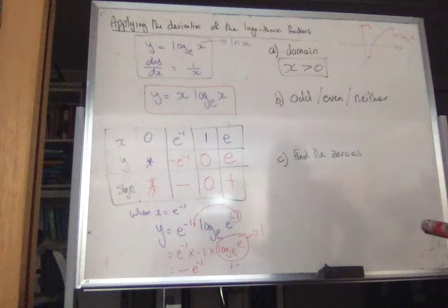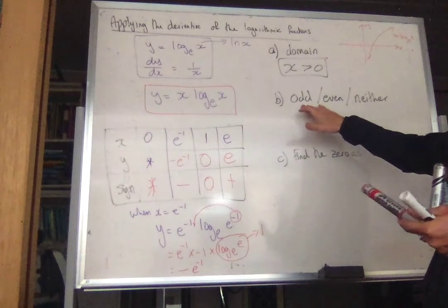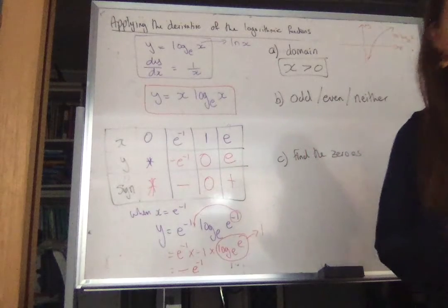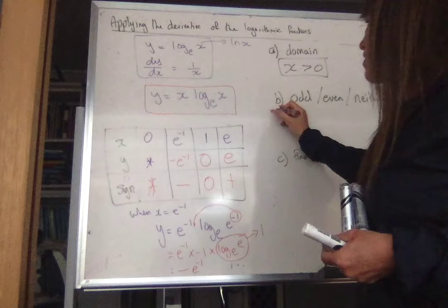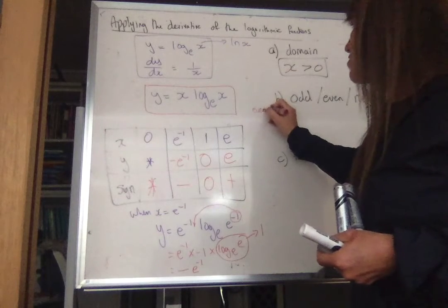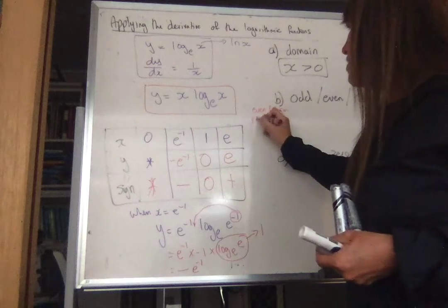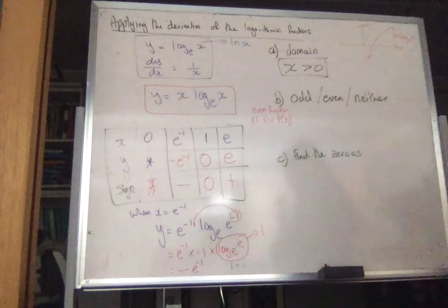Part B is asking us to state whether this function is odd, even, or neither. For that, if you remember, for an even function, f of negative x must give me f of x.